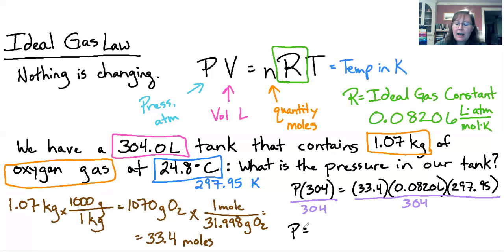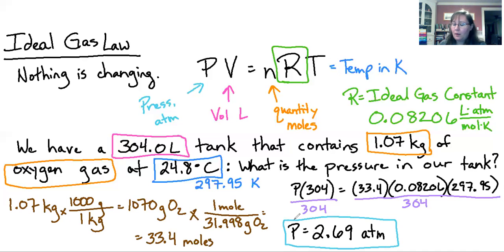And I'm going to get a pressure of 2.69 atmospheres. Okay? And that is one example of an ideal gas law problem.